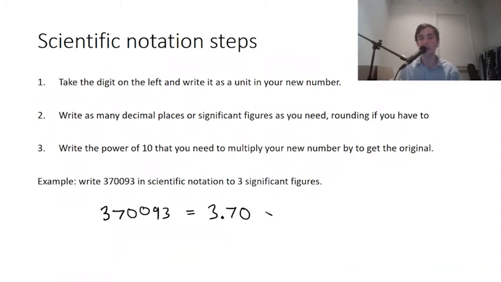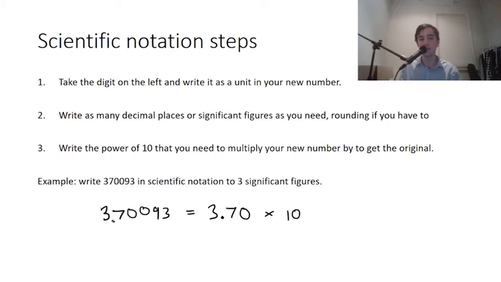Now we need to write times, and we need to write 10 to the power of something. Now, that something is determined by how many times we need to multiply by 10 to get to this.